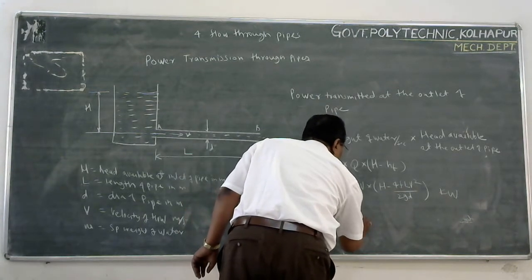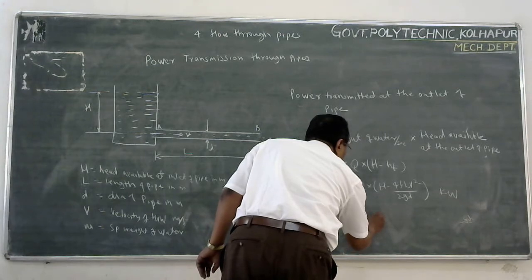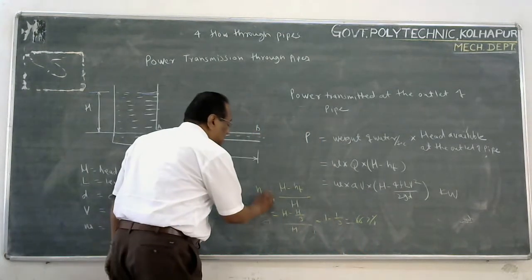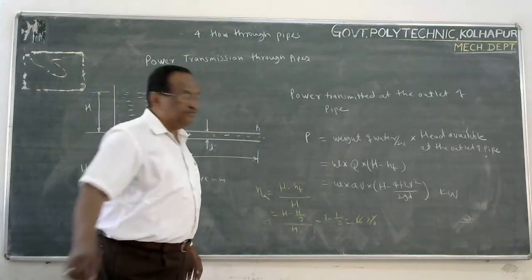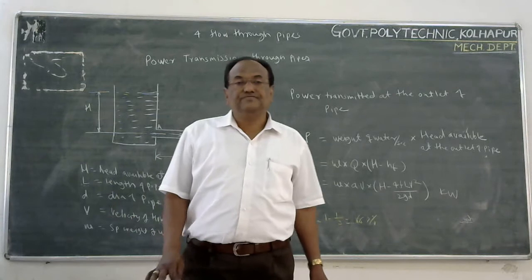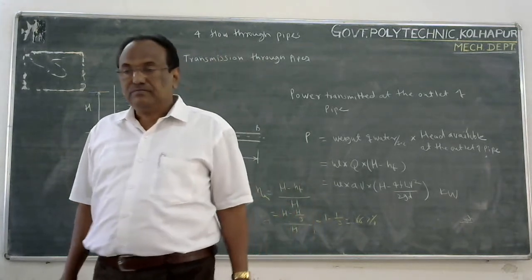That is 66.7% is the maximum efficiency of transmission. Understood? You remember this?